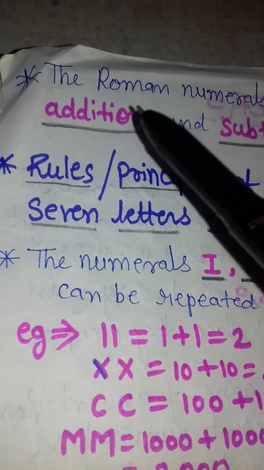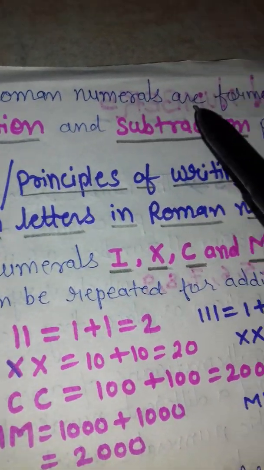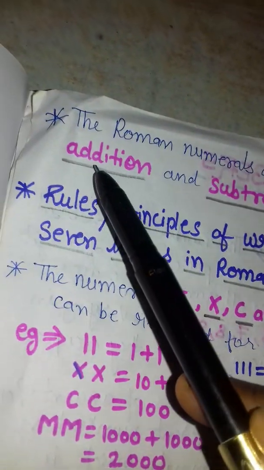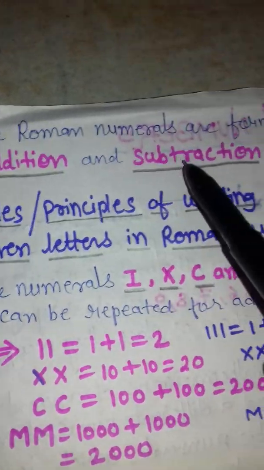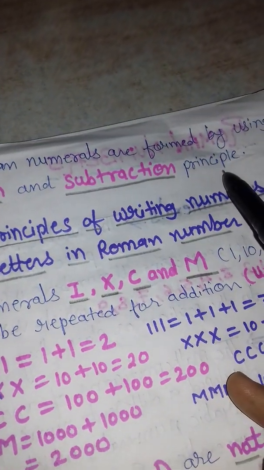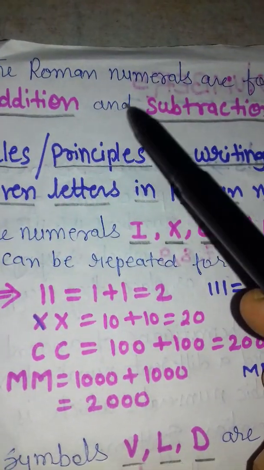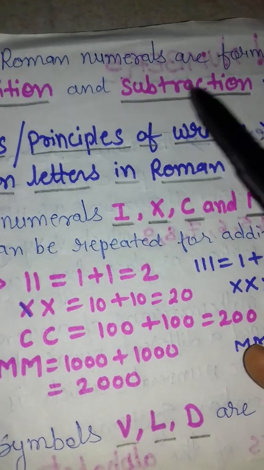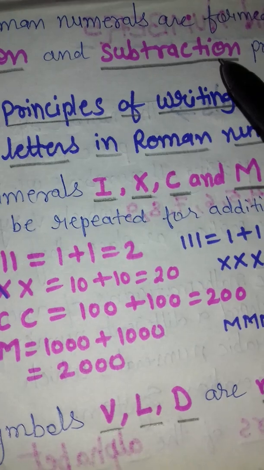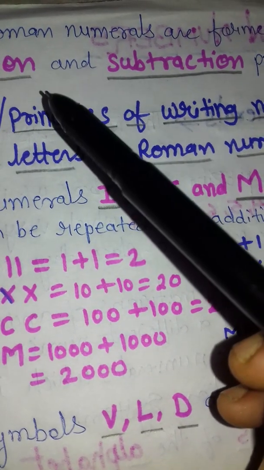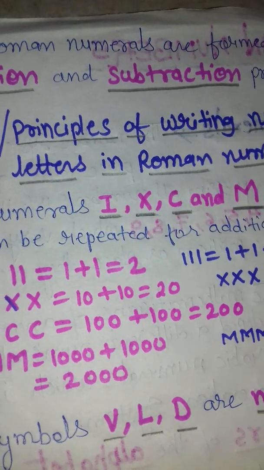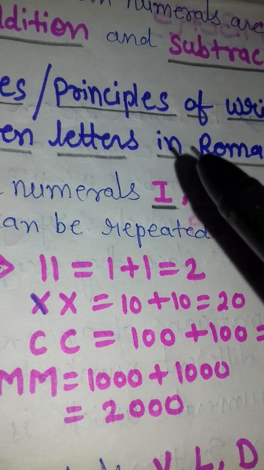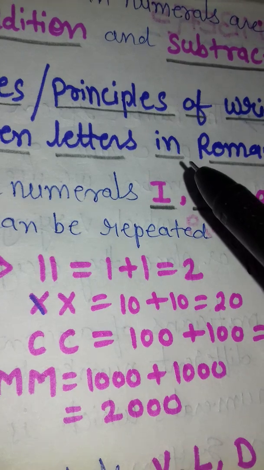So, students, the Roman numerals are formed by using the addition and subtraction principle. These numbers are formed by this addition and subtraction method, whether it is a larger or smaller number.